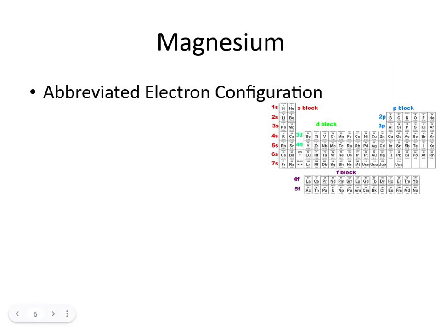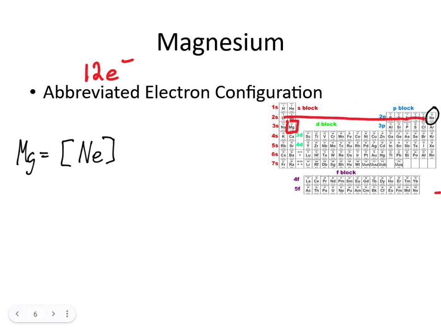All right, magnesium then. Magnesium has 12 electrons. Got that right there. I need to go back to the last noble gas before it, which again is neon. So I'm going to write Mg is neon's electron configuration plus, go down to the next spot here.